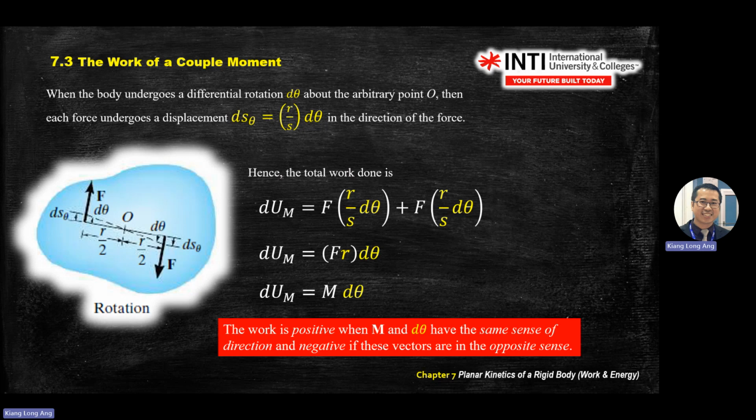Work done by the moment is based on how much angle it turns. Moment multiplied by angle will create work. This one you do not see in particles. You only see it in rigid body with the mass effect. So this is another new equation for today.